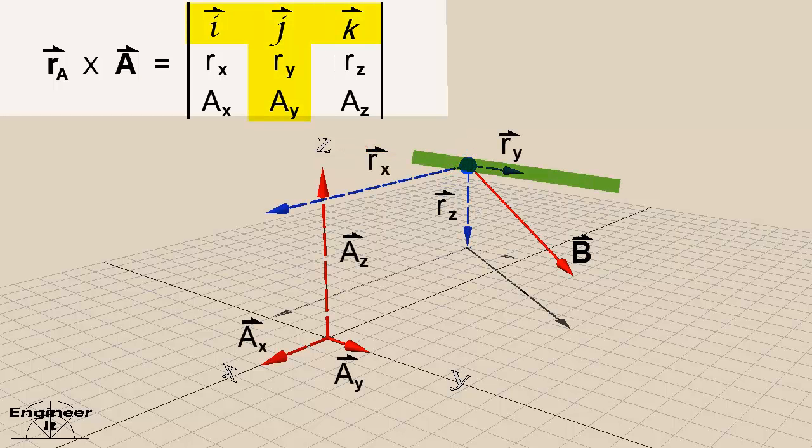Likewise, the moment about Ry is computed using Ax and Az. These are the only vector components producing a moment about Ry. The moment about Rz is computed using Ax and Ay. These are the only vector components producing a moment about Rz.